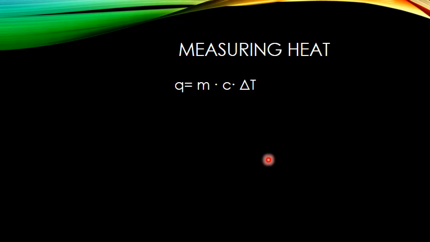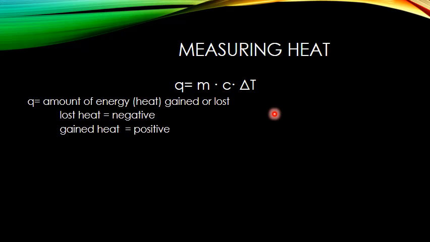And so we have this formula here, which is going to be our relationship between the temperature we measure and the energy or the heat that we either gain or lose. So in this formula, we see that Q equals the amount of energy or heat gained or lost. So Q can be a negative or a positive number. If you've lost heat, then you're going to be a negative number.